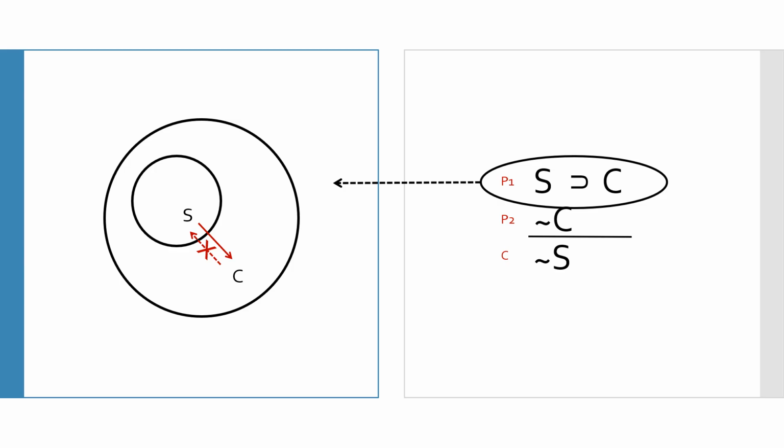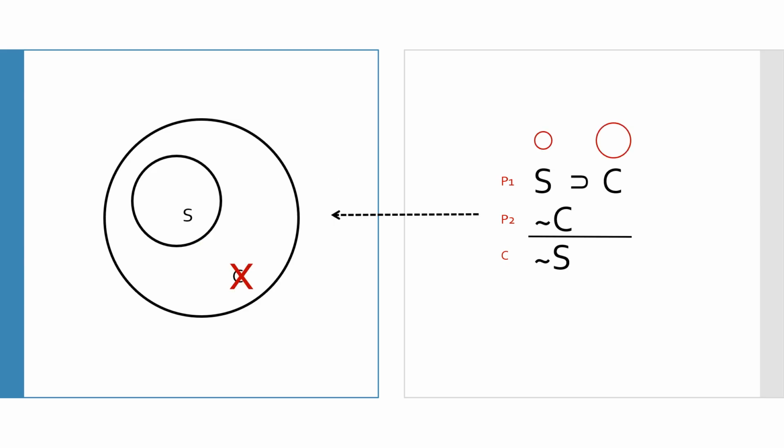Well, notice if it's true that every single instance of S without fail will necessarily produce C, that is, every S fits into the C category, and if I know that the C category does not apply, we're not inside that large circle anywhere, then of course there's no possibility that I would ever have anything in the S circle, since every S fits into the bigger category of C. So notice, if it's true that every S fits into the C circle, and whatever I'm talking about doesn't fit anywhere into that bigger circle, then it can't fit in the small circle either, because the small one's always inside of the big one.